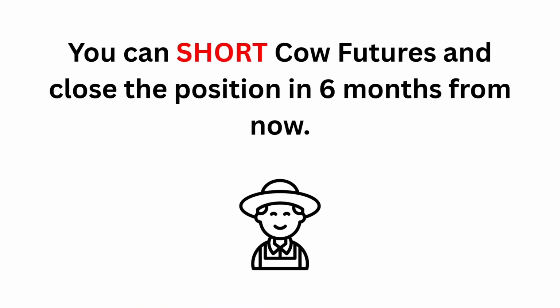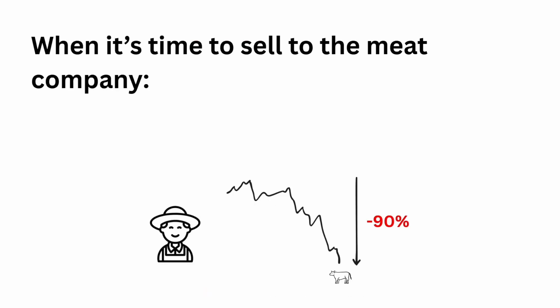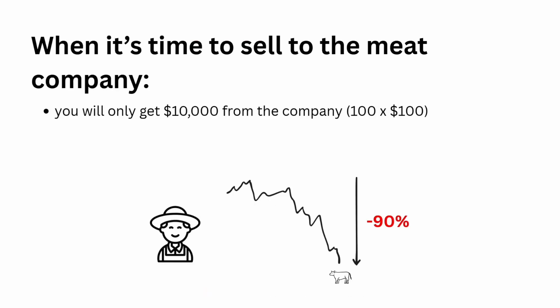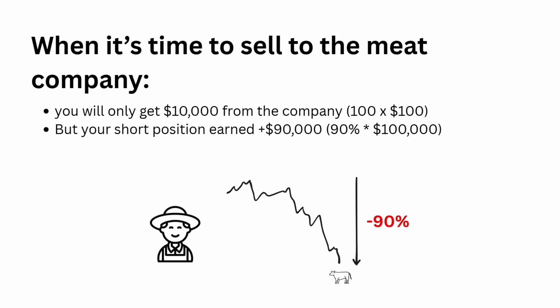But here's the solution. You can short cow futures and close the position in 6 months from now. So when it's time to sell to the meat company, you'll only get $10,000 from the company, because 100 cows times $100 is $10,000. But your short position would have earned $90,000 because it dropped 90%.